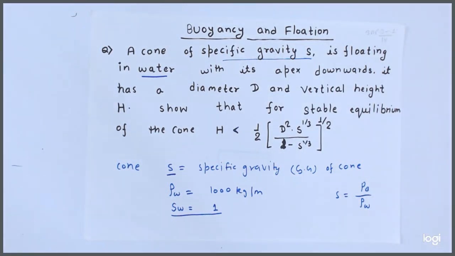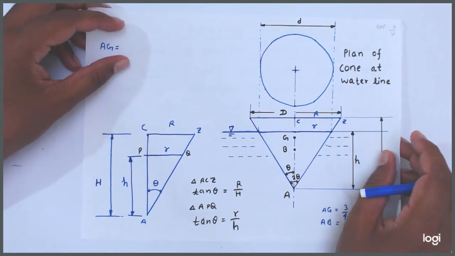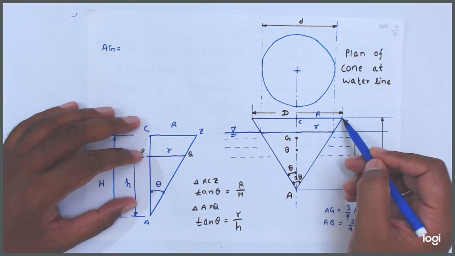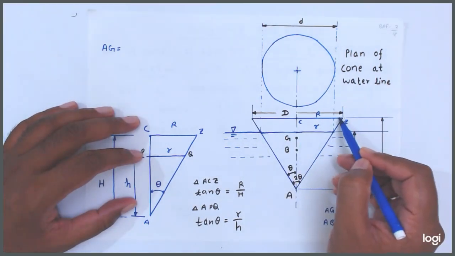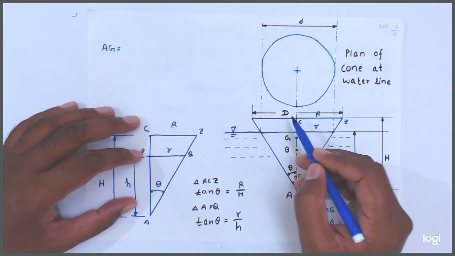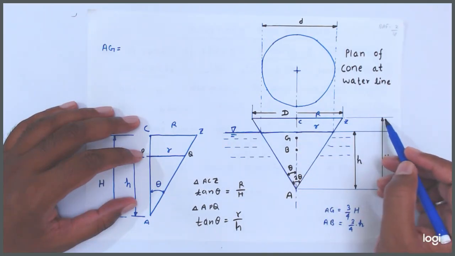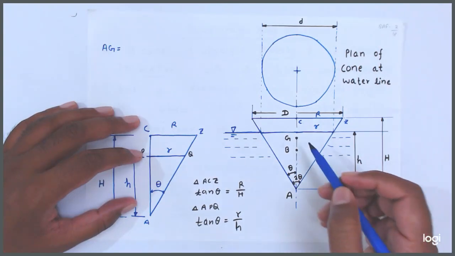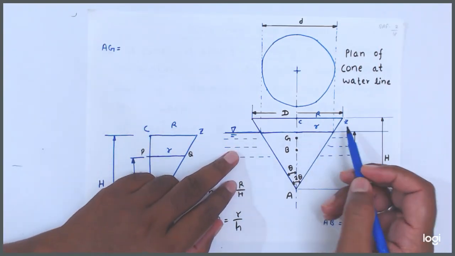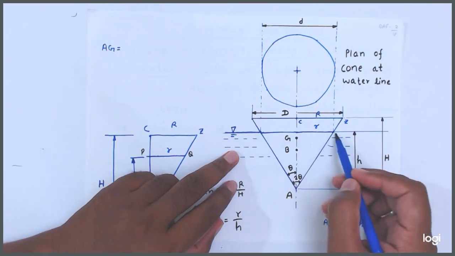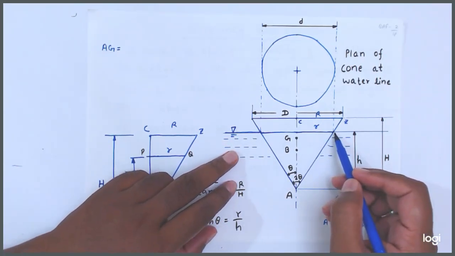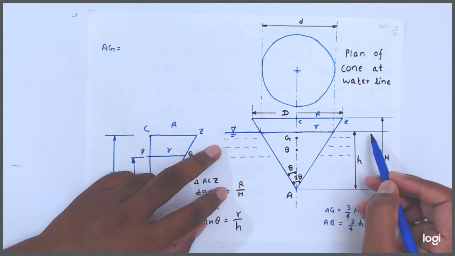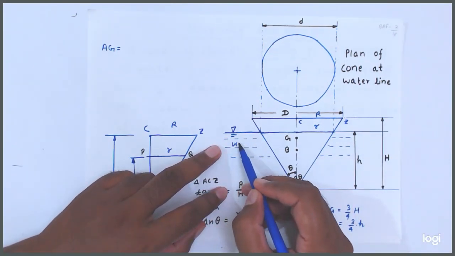Now here it is saying that, friend, this is the cone we are going to talk about. Its base diameter is capital D, which is given, and the height which is given is capital H. Now you see here, it is a floating condition, so somewhere here we assume that at this level the liquid surface is there, or we can say water is there.